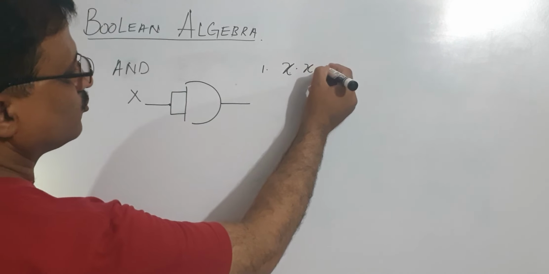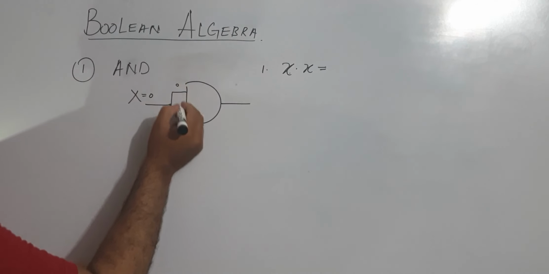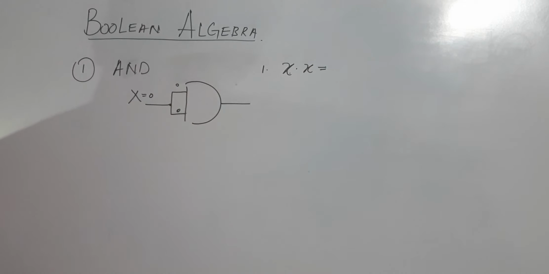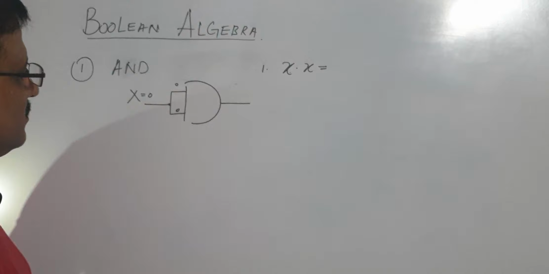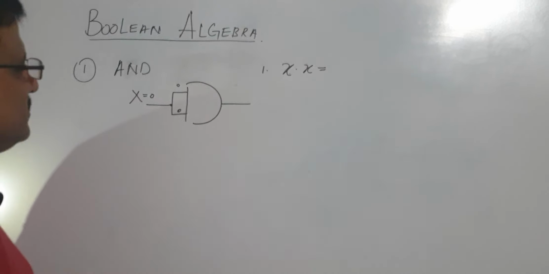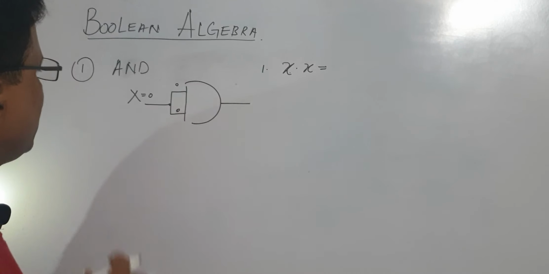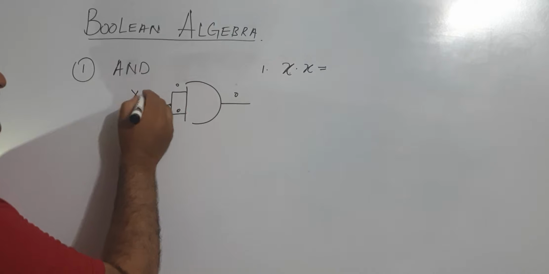So what should be the output? If X is equal to 0, both inputs will become 0, 0, because the two inputs are shorted together and connected to a single input named logic X. 0, 0, what should be the output? 0. What if we make X equal to 1?